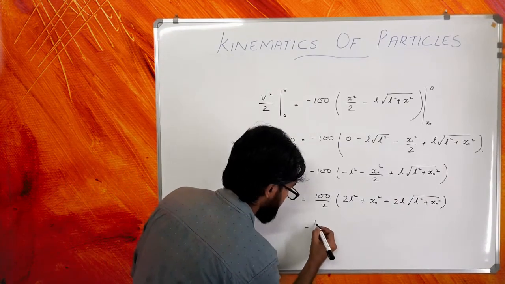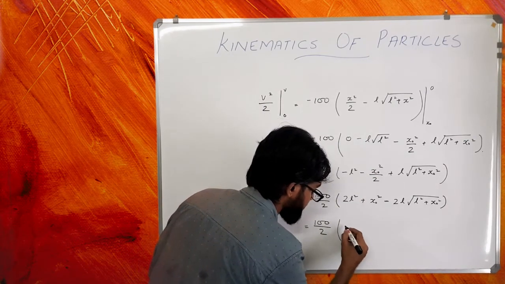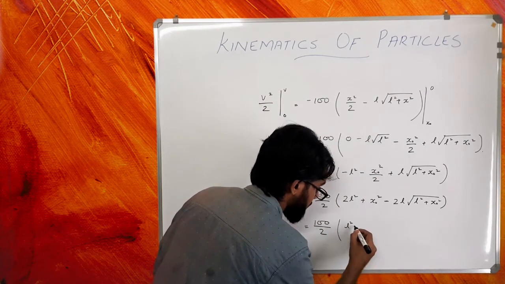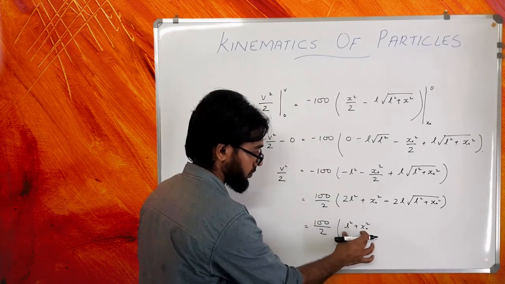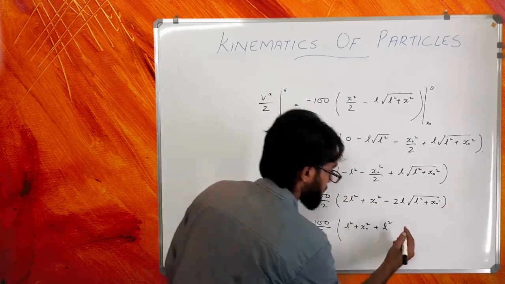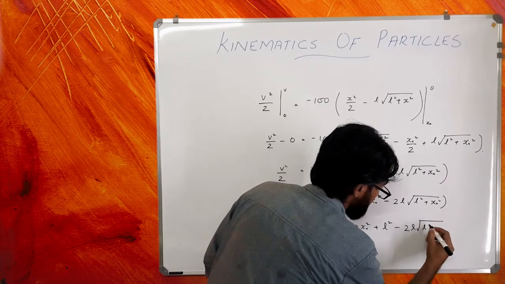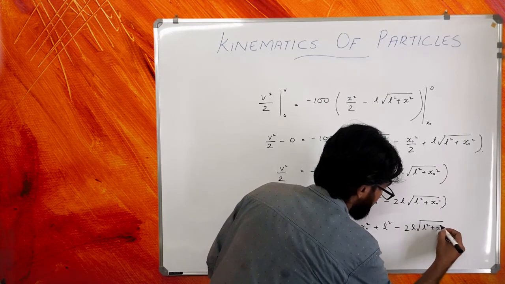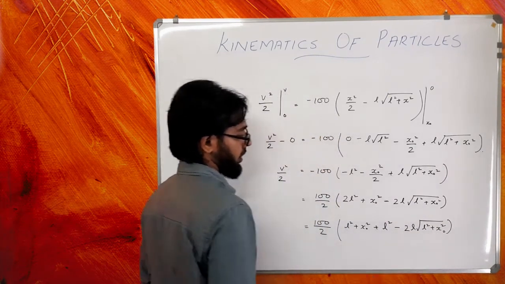I shall again expand this part. I shall write this as L square plus x0 square as one term plus L square another term minus 2L multiplied by root of L square plus x0 square.